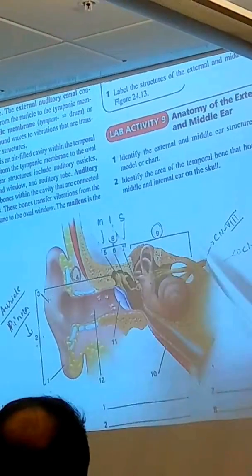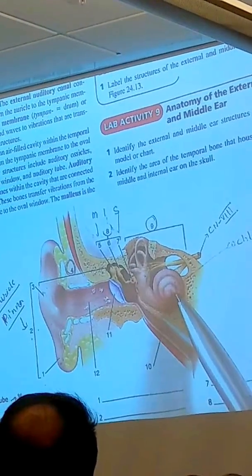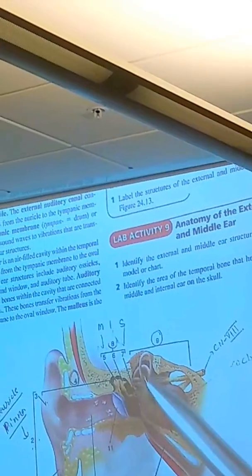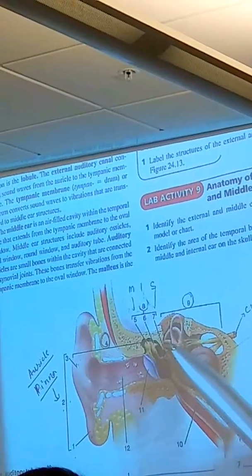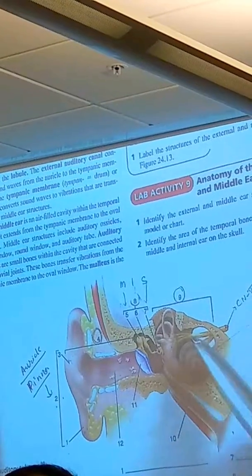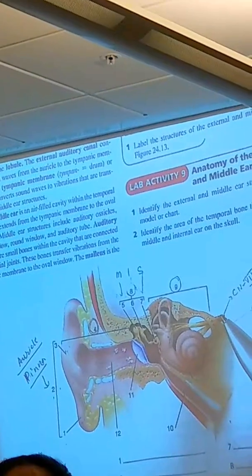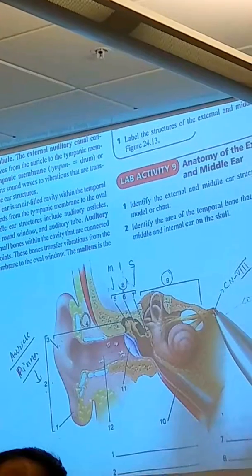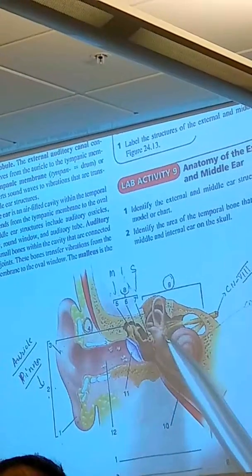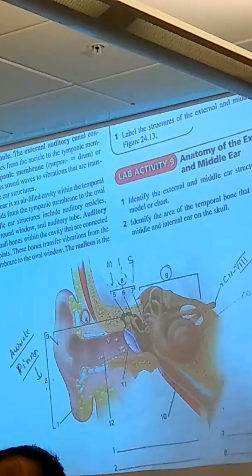Then this part, what is this? Cochlea. Then you have these semicircular canals: anterior, posterior, lateral. Then this is the vestibulocochlear nerve, cranial nerve number 8, which innervates the cochlea as well as the vestibule.